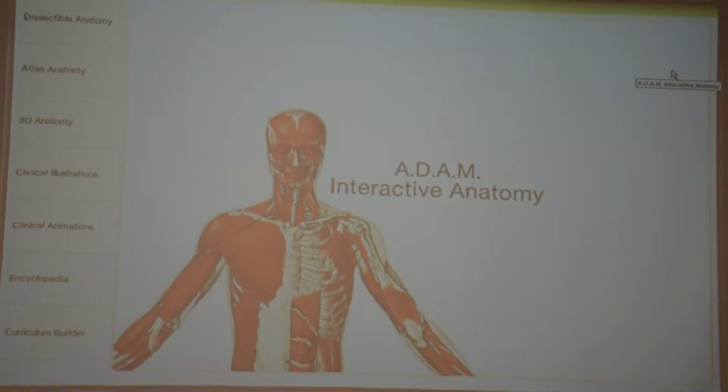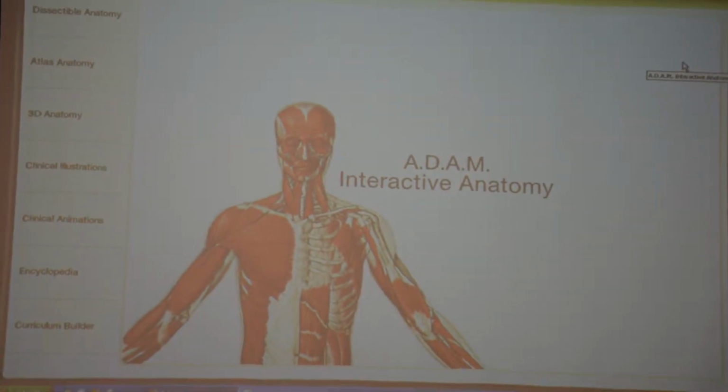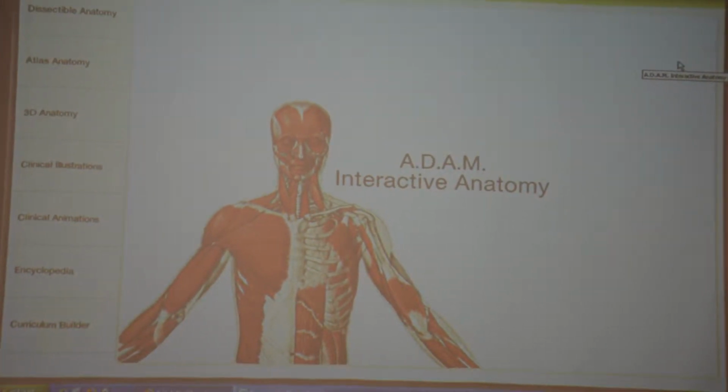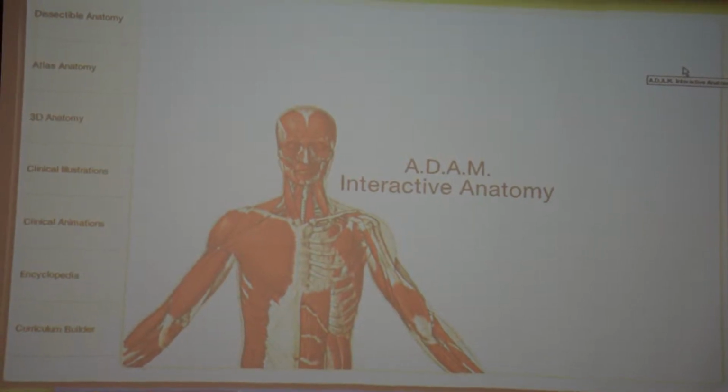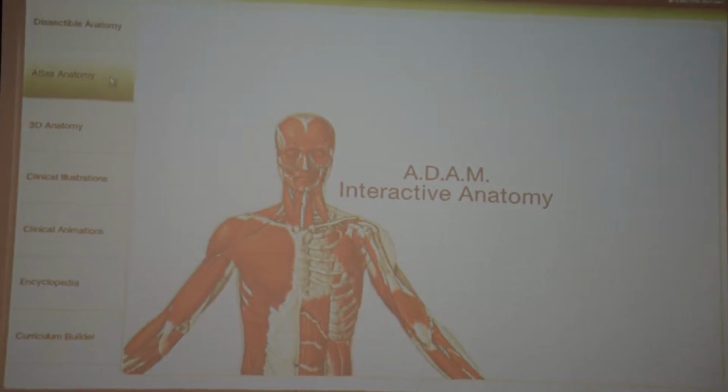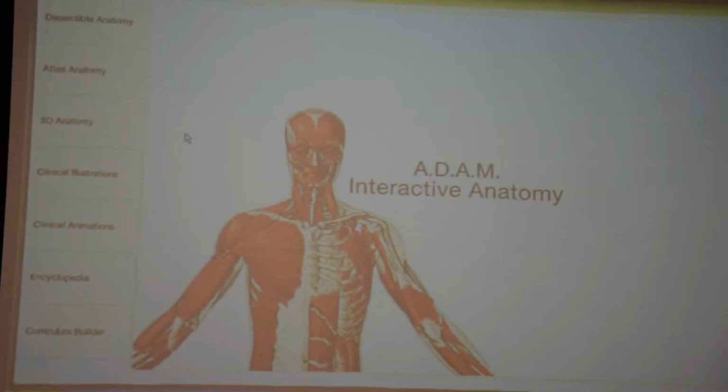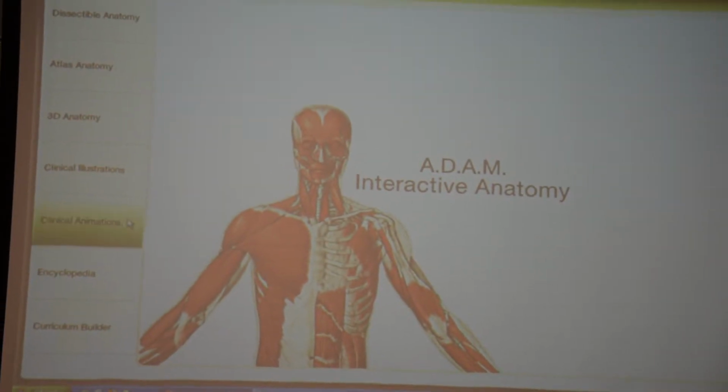You never know with digital information. Sometimes it just gets wonky. Okay, now the cool thing about Atom is when you have to study anatomy and physiology, this is the place to go. You can do dissectable anatomy, you can do atlas anatomy, you can look at 3D, clinical illustrations, animations, even encyclopedia.